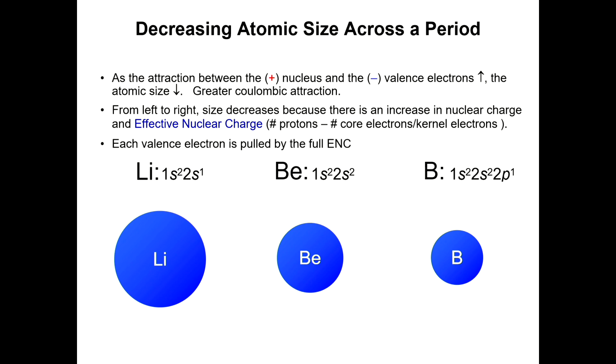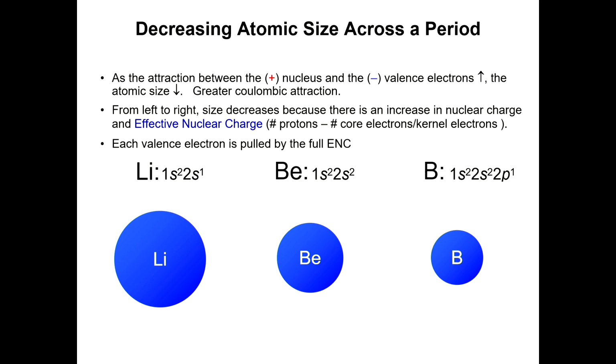When we know the shielding effect, we can use it to explain why in the periodic table, from left to right, the radius decreases.